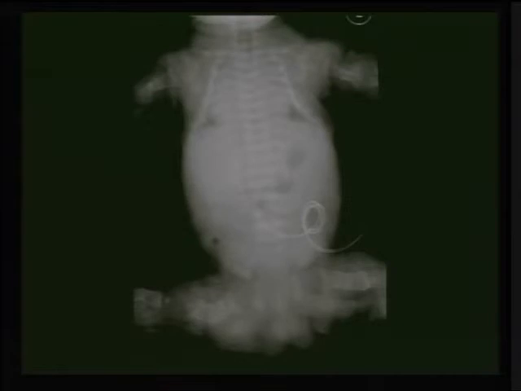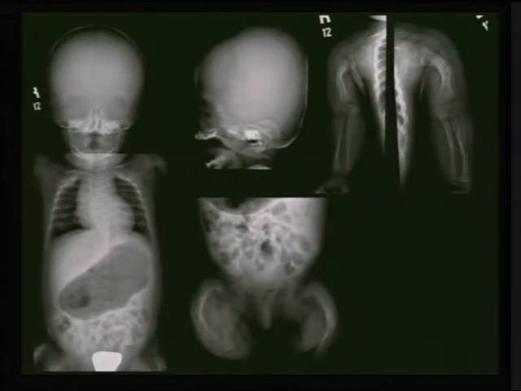If we see that the bones are abnormal, short, multiple fractures, and it is not perfect bones. So from the definition, it is not perfect bones, it's broken bones.